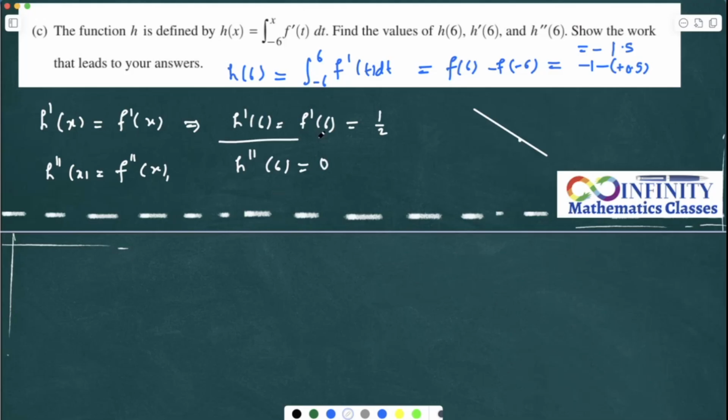The first derivative is a constant, so the second derivative is going to be 0. These are the values. Any doubt? Clear? So let us stop here. There are two more questions left. I request you please try those two questions, and if there is an issue, we can discuss them.